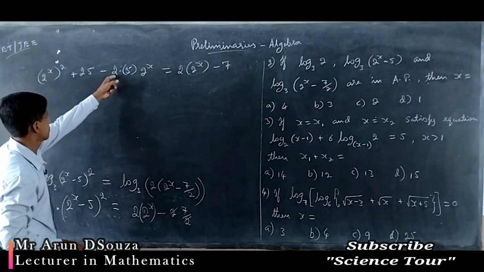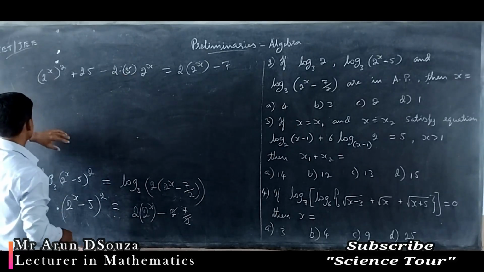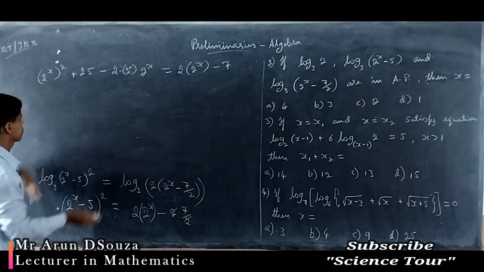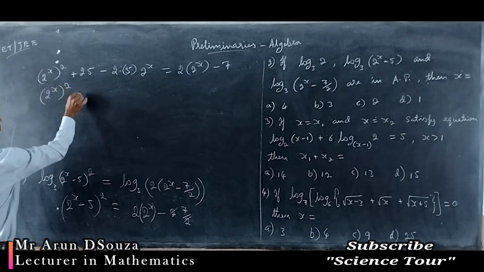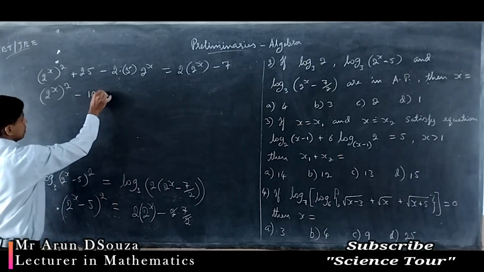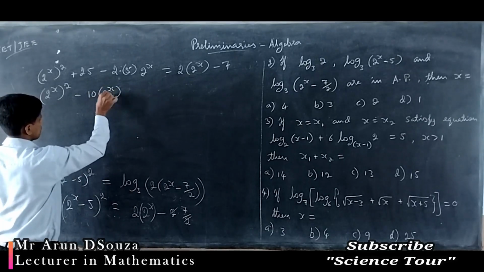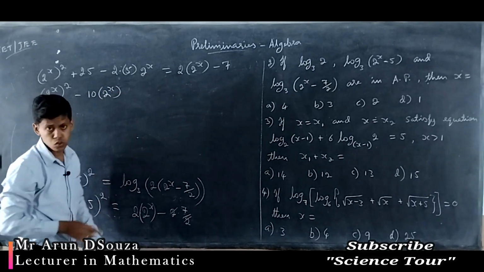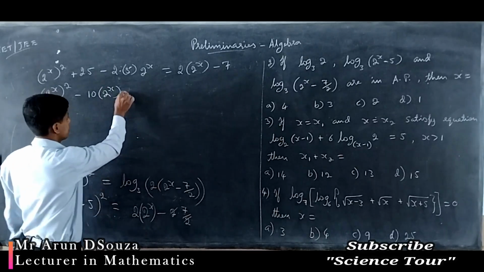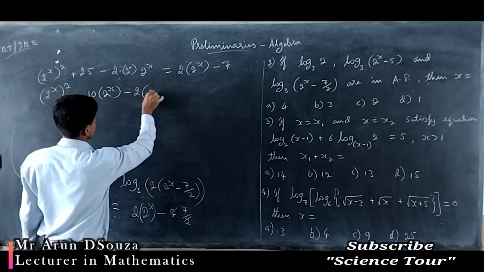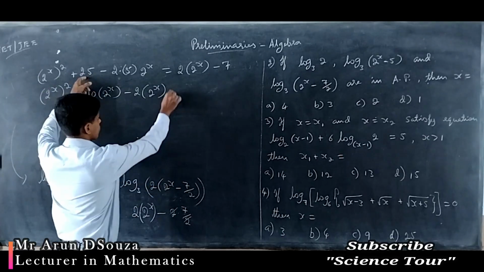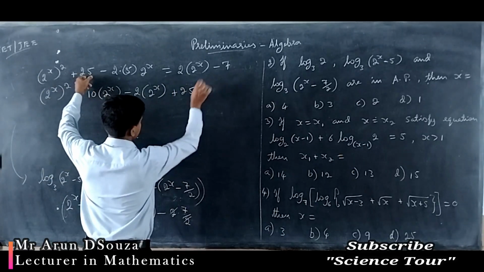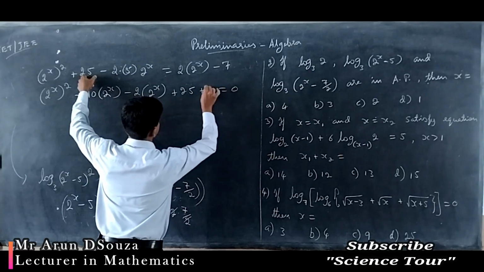Now I'll just multiply this, and this, let it be like that. So 2 to the power x whole square minus 10 into 2 to the power x, and that 2 into 2 to the power x, I'll bring it here, that becomes minus 2 into 2 to the power x, and this 25 added, and that minus 7 will be added here.